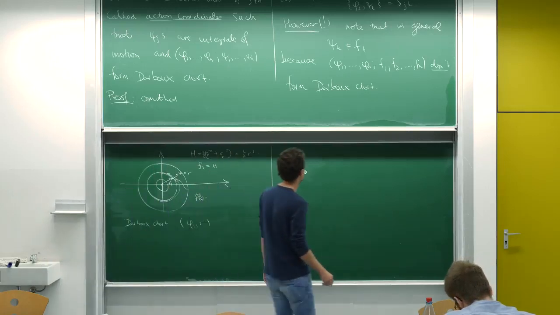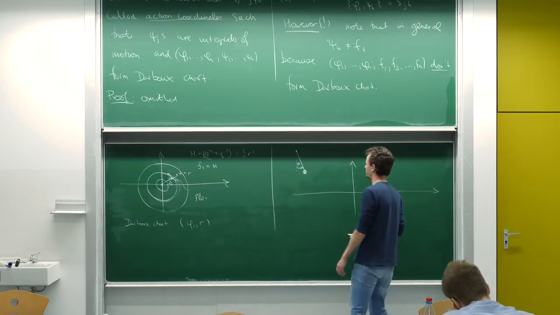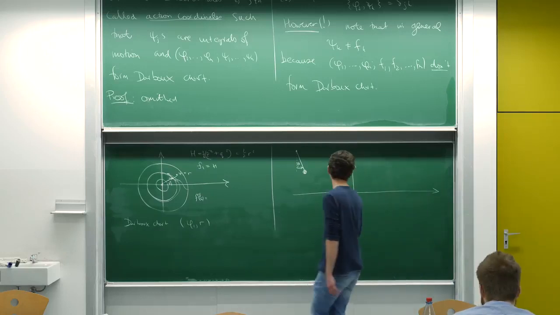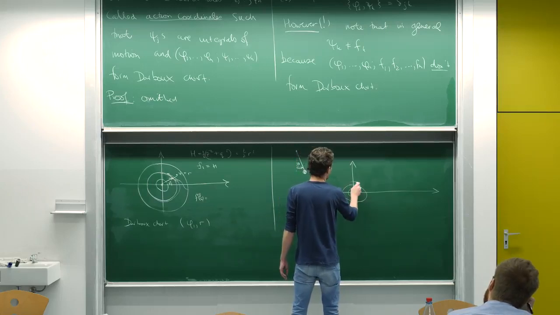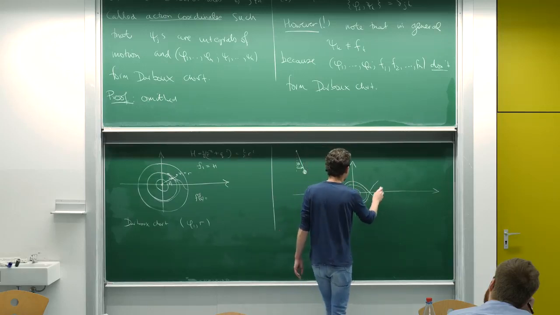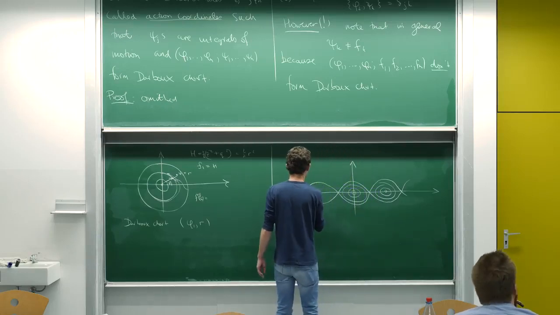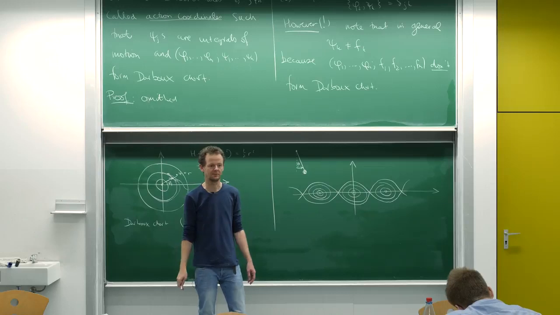So phase space for the simple pendulum has some pretty characteristic picture that you should have seen, I hope, at some point. Okay, I assume you've seen the simple pendulum's phase space before.